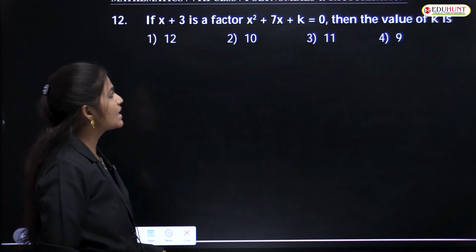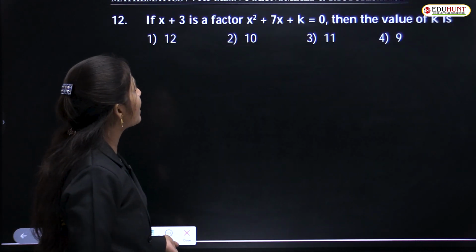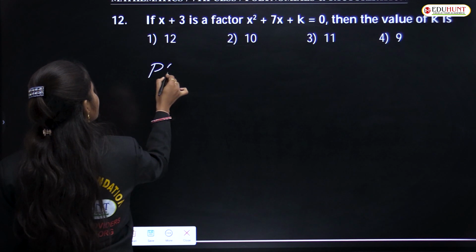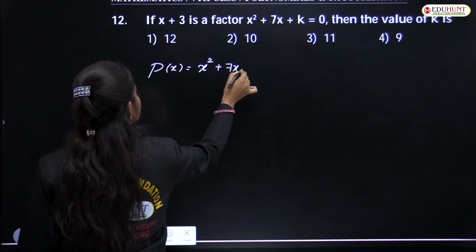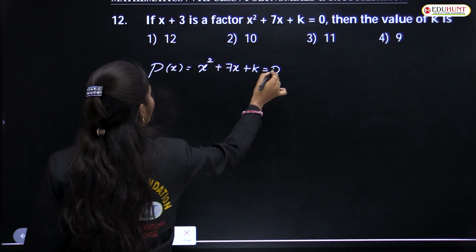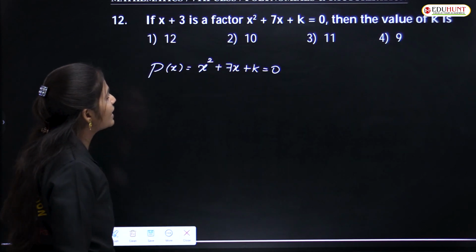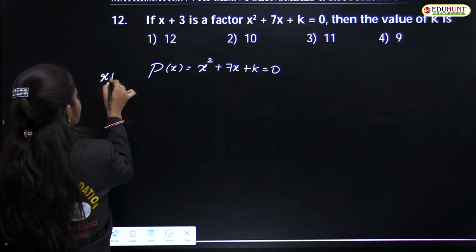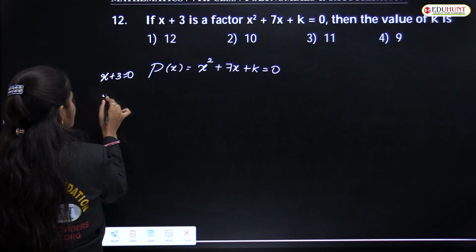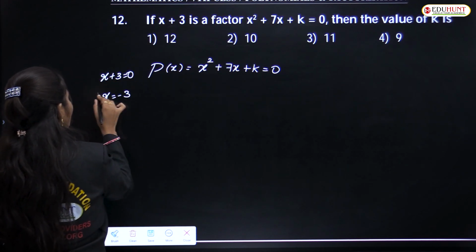So again this is also the same one. x plus 3 is a factor of P of x, which is given here as x square plus 7x plus k is equal to 0. Then they are asking the value of k. So here x plus 3 is a factor, which means x plus 3 is equal to 0, where x is equal to minus 3.